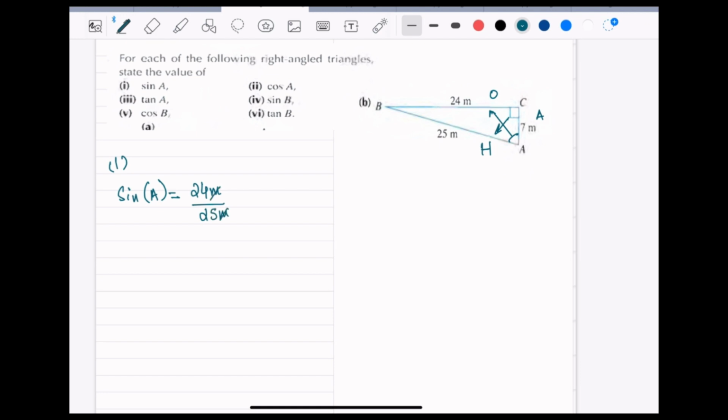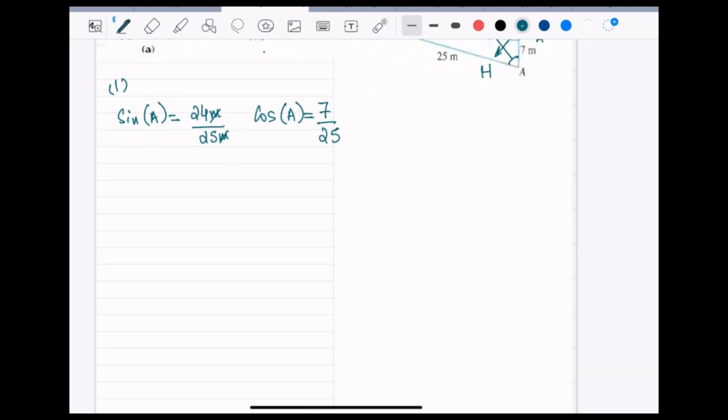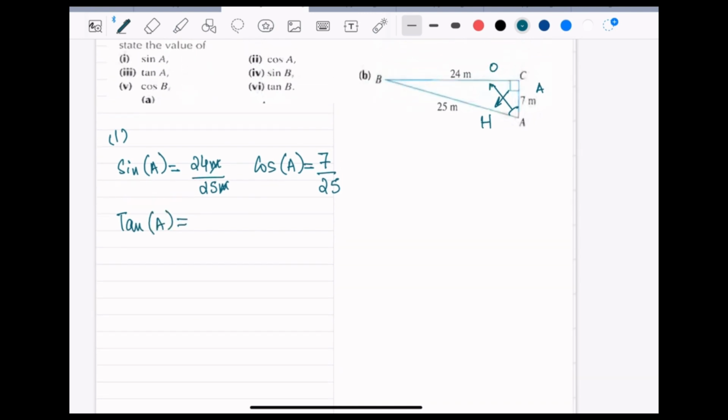Same way, cos of A is adjacent over hypotenuse, which is 7 over 25, and tan of A is opposite over adjacent, so opposite is 24 over adjacent is 7. So this is how you find their values. But when it comes to angle B, now this is the opposite side and this is adjacent.